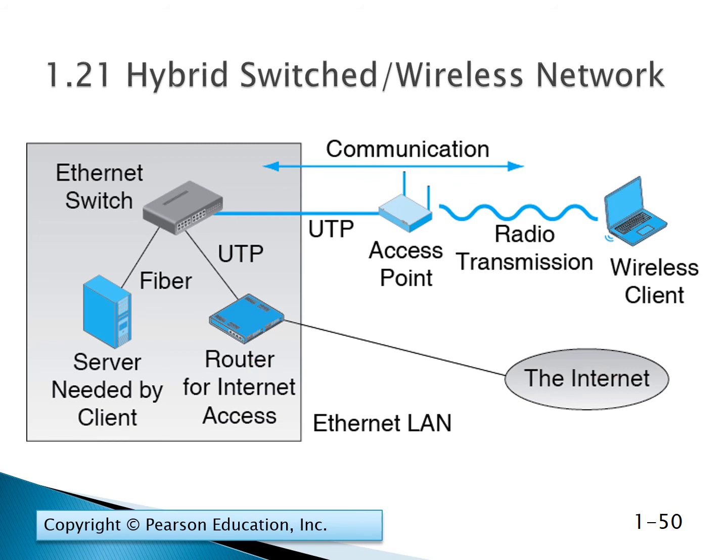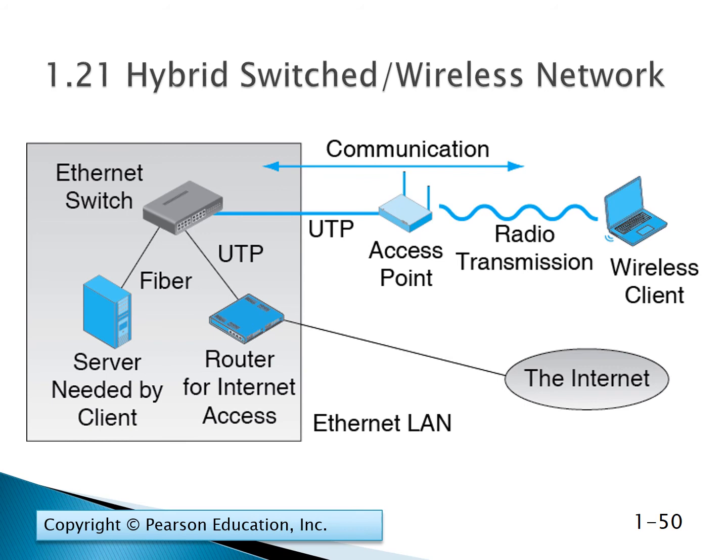Later on we'll talk more about what exactly these different devices like the router and access point are. But for now, we just look at the example first, and when we go to the respective chapters, we'll talk about each of these in more detail.